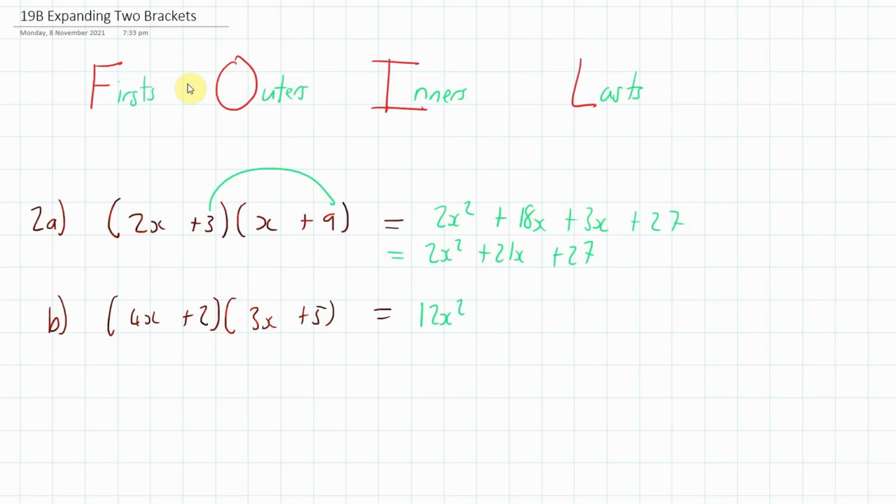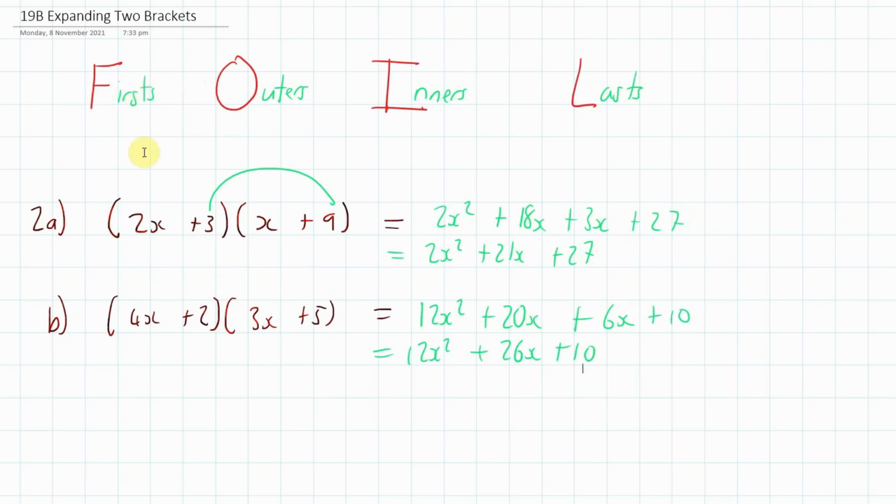We do our outers, that's this times this, which is plus 20x. Then we do our inners, which is these two, so it's plus 6x. And then we do our lasts, which is these two. 2 times 5 is 10. And then we simplify that by adding the like terms. So we're going to have in the middle here 26x and then plus 10.